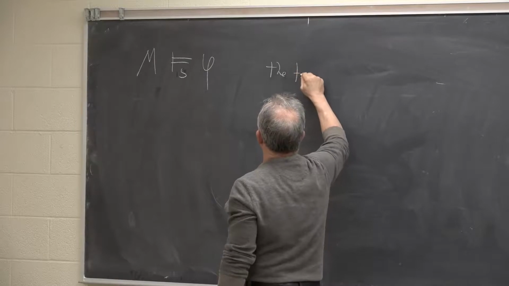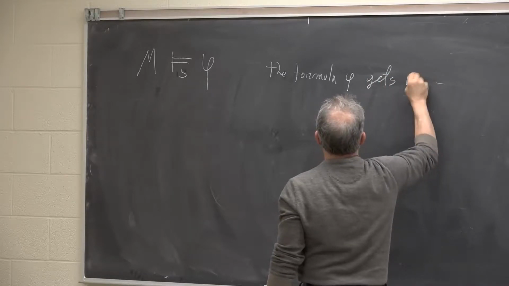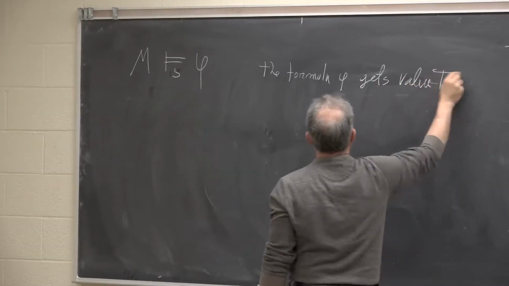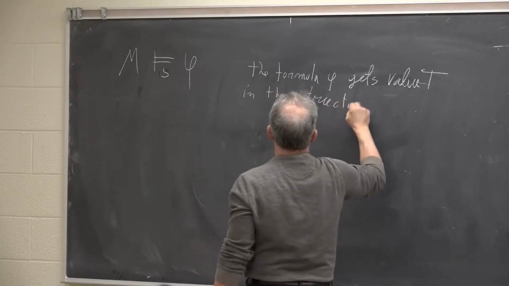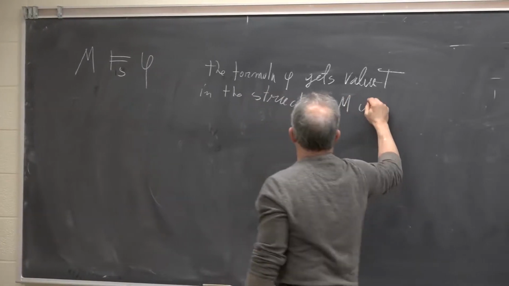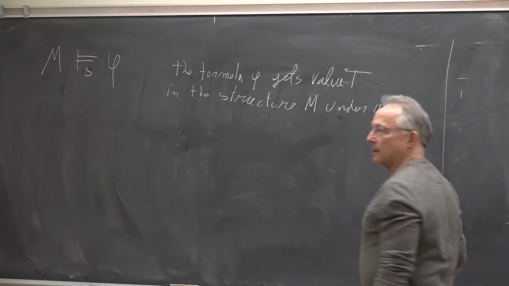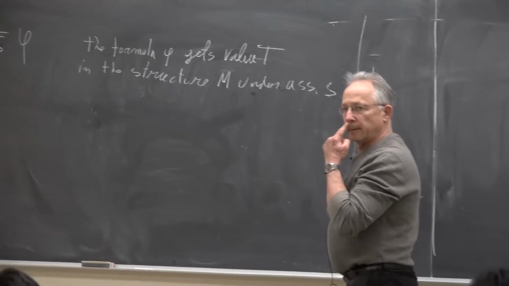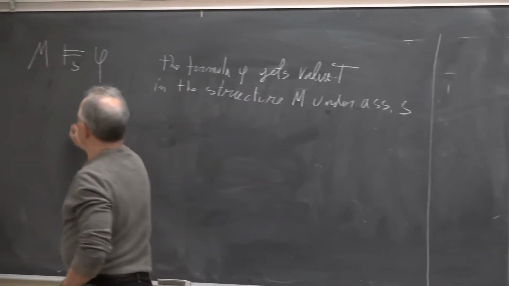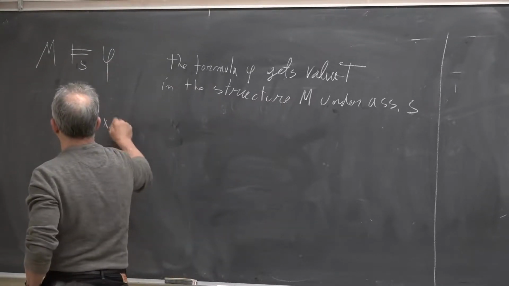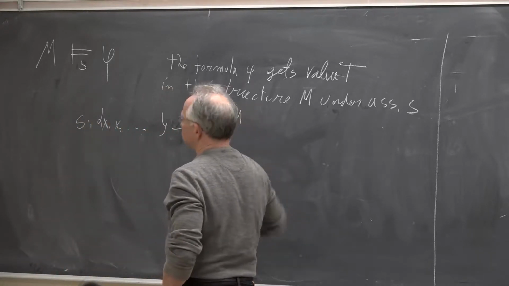formula phi gets value t in the structure M under the assignment S. So we have S, which goes from the set of variables x1, x2, to the universe of the structure.